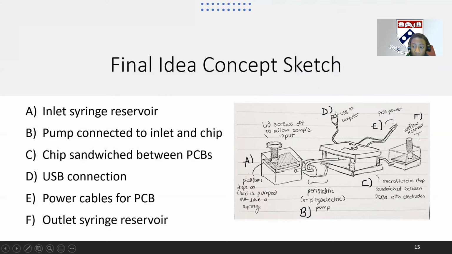You also have a USB connection that would allow these electrodes to feed their information into the microcontroller. You have the power for the PCB, which should be a separate power from the pump. And then the microfluidic chip leads into the outlet syringe reservoir.